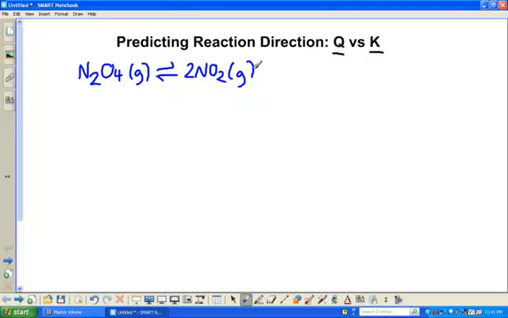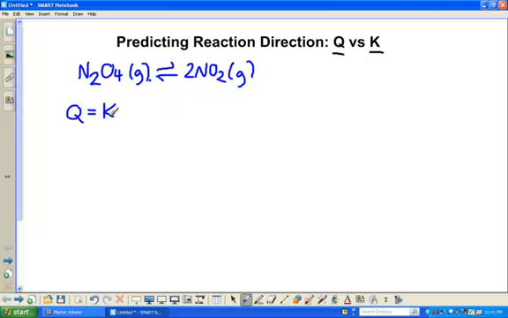Because we can have three possible scenarios in terms of our Q and our K. The first scenario, and the one that's least likely to see, but we should cover it anyway, is where Q is exactly the same as K. Now, it's important to understand what that actually means.